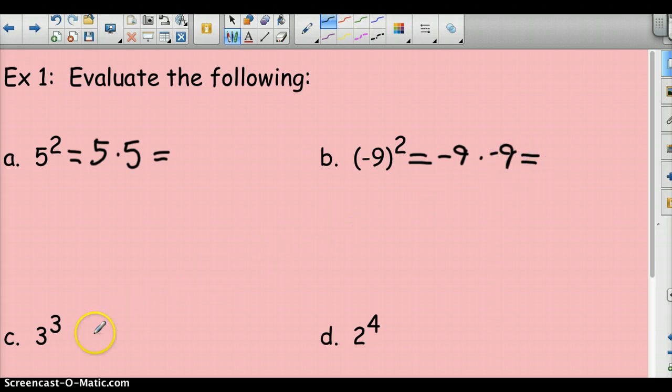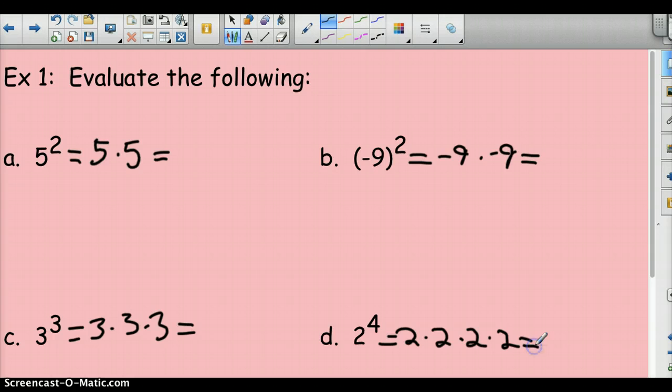This makes this negative 9 times negative 9. I'll come back in a second. 3 to the third power is 3 times 3 times 3. 3 of them multiplied together. Come back in a sec. 2 to the fourth power is 2 times 2 times 2 times 2. Now, I want you to stop this video and answer all of those right now, and then come back and check my responses. Go ahead.